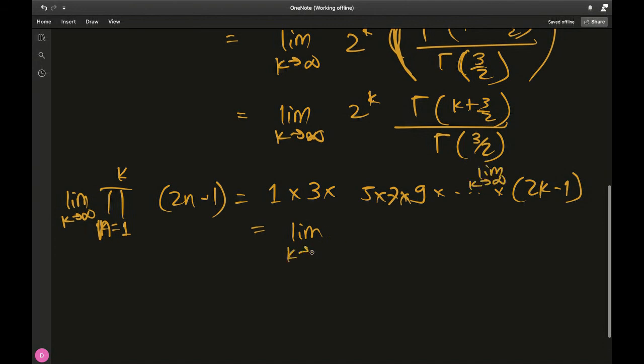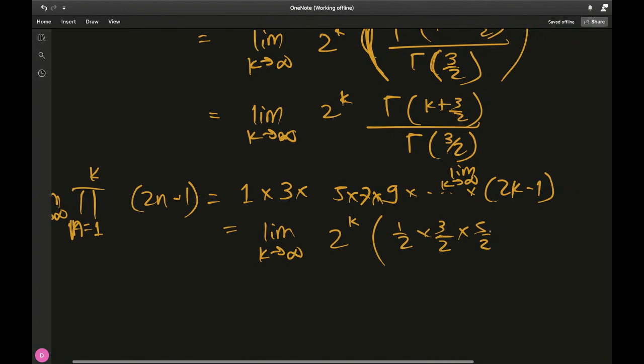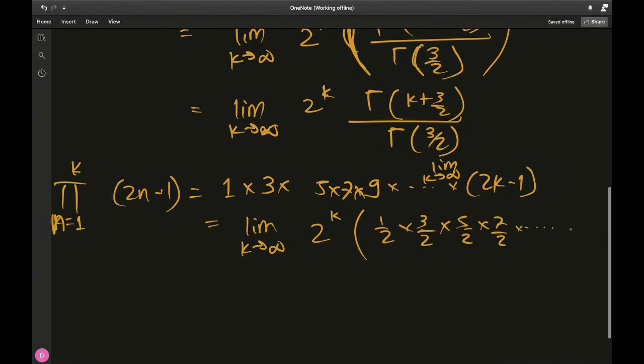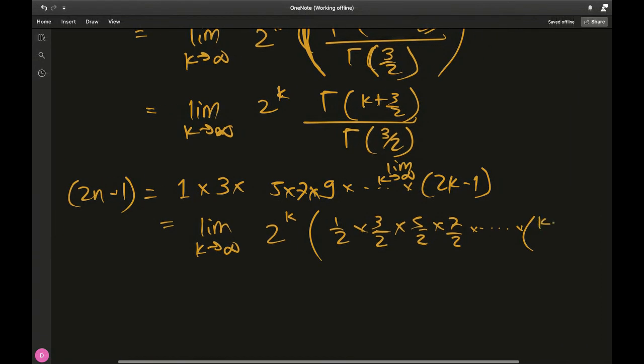So in the limit as k goes to infinity, we can divide and multiply by 2 to the k, because there are k terms. 1 over 2 times 3 over 2 times 5 over 2, 7 over 2, and the last term is k minus half.